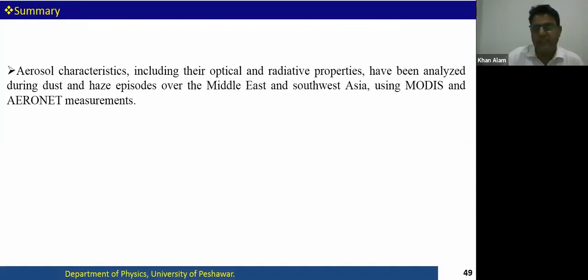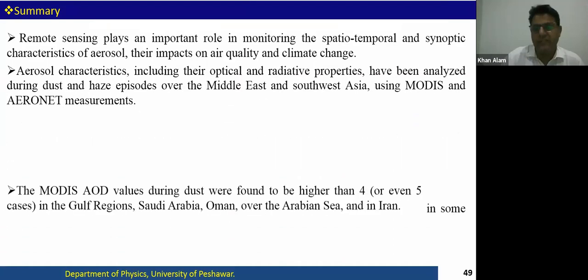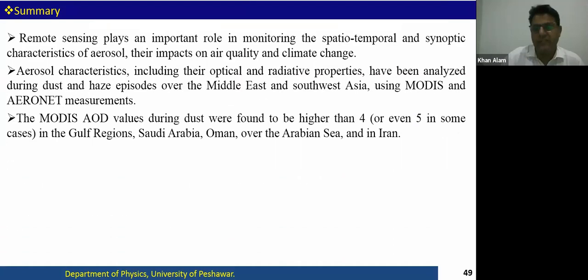In summary, aerosol remote sensing, satellite sensor or ground station play an important role in monitoring the spatial, temporal and synoptic characteristics of aerosol, and their impacts on air quality and climate change. Aerosol characteristics, including their optical and radiative properties, have been analyzed during dust and haze episodes over the Middle East and Southeast Asia using MODIS and AERONET observations.